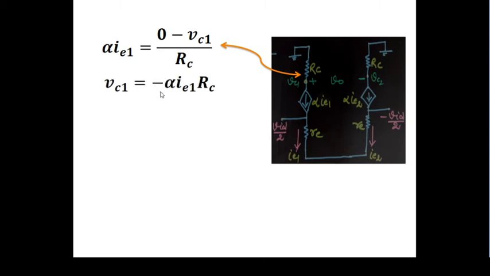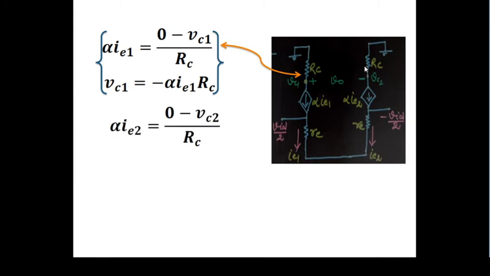Simple KCL and KVL we have to apply. VC1 equals minus alpha I1 RC. Similarly for the other one we can find VC2. Alpha I2 can be written as 0 minus VC2 by RC, so VC2 equals minus alpha I2 RC.